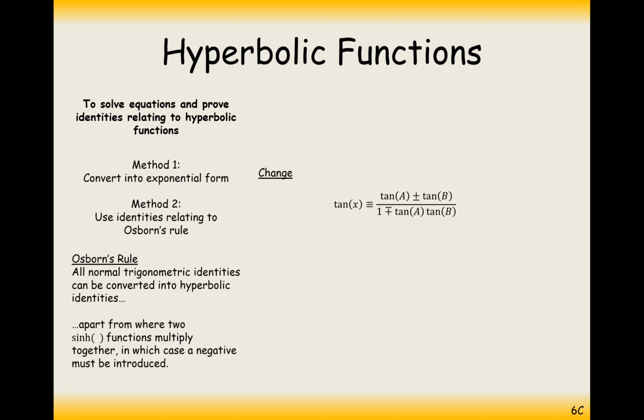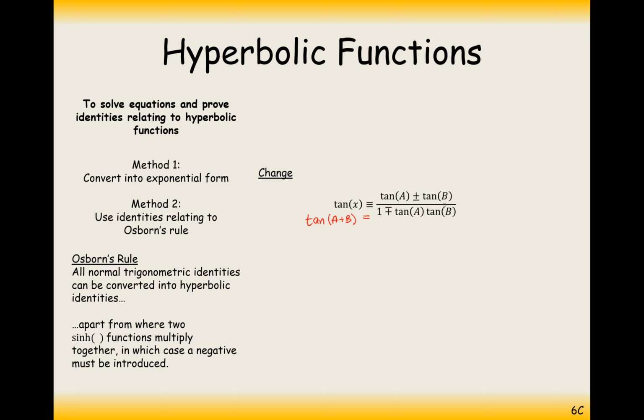Another one that changes, it's a little bit of a tricky one, is tan a plus b, that's supposed to be tan a plus b there. Tan a plus b is equal to tan a plus or minus tan b, all divided by 1 minus or plus tan a tan b. And you're probably thinking to yourself, where have we got two sines multiplying together?